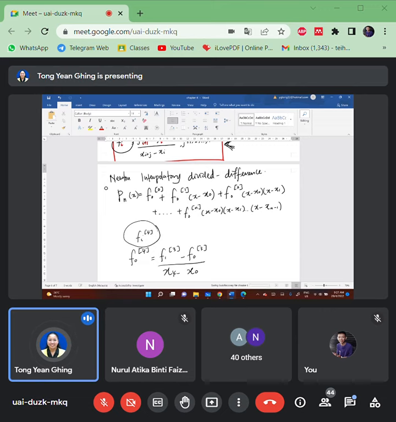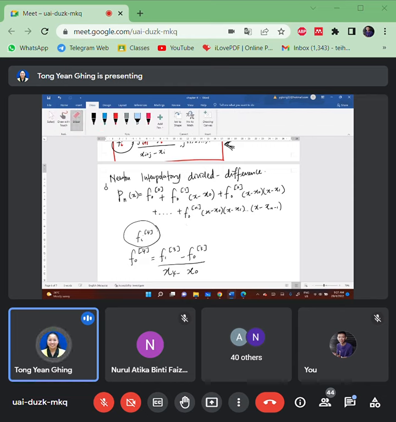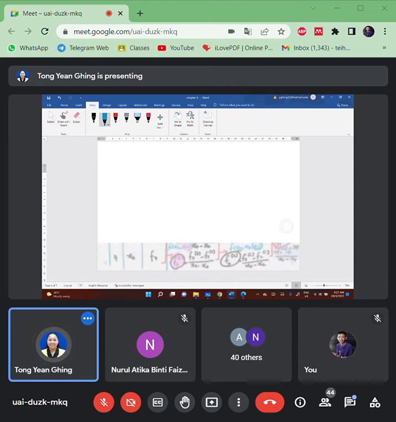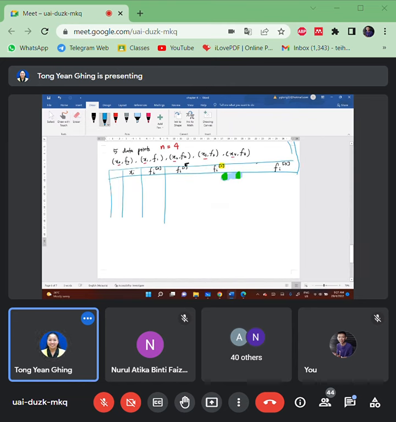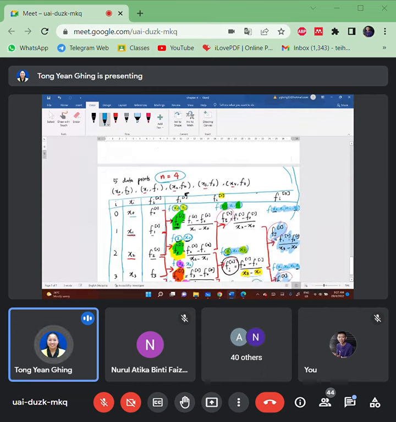For example, just now we have 5 data points, so our n is 4.